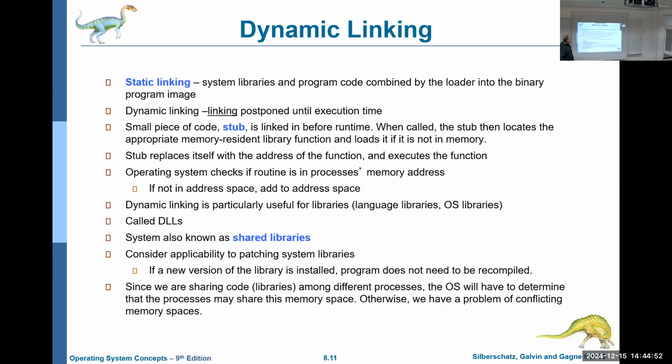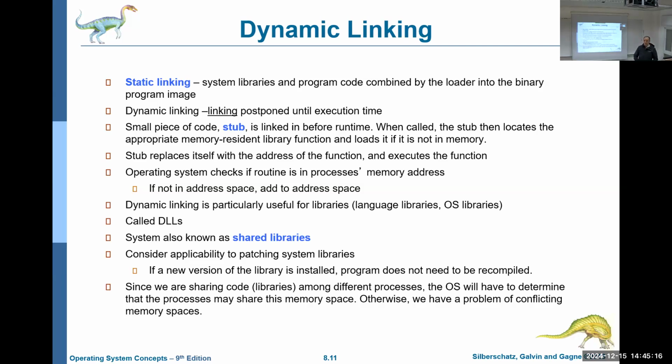So how do we find it? What we do is we put a small piece of code called a stub, which is linked in before runtime. And then when the function is called, the stub locates the appropriate memory-resident library function and loads it, if it is not in memory. In other words, it could be that it's already in memory.